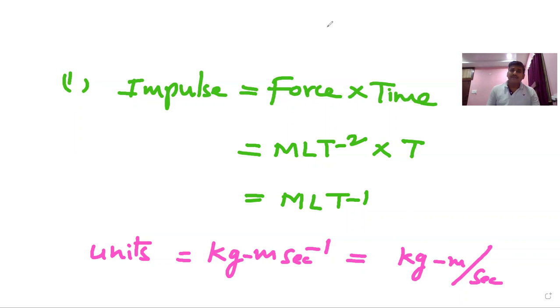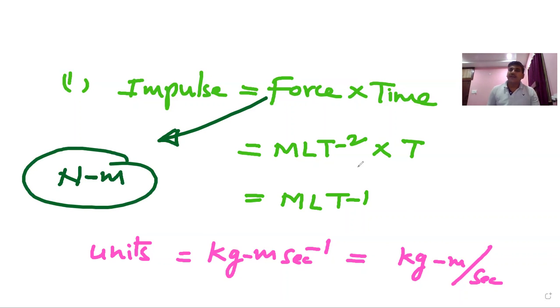Suppose I want to simplify again at the fundamental level, observe this. This is the force. Clear? What are the units of force? Newton. And what are the units of time? Second. So impulse units can also be expressed directly as Newton second in the SI system, or in the MKS system, kg meter per second.